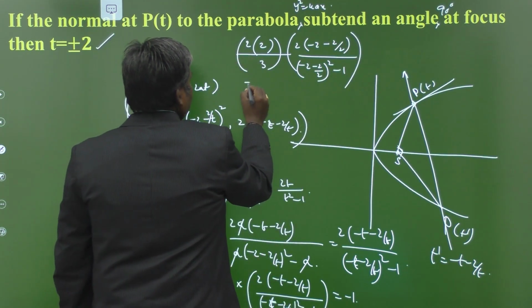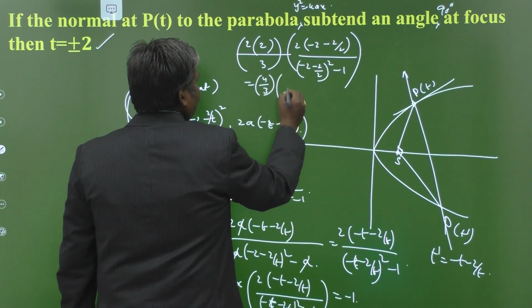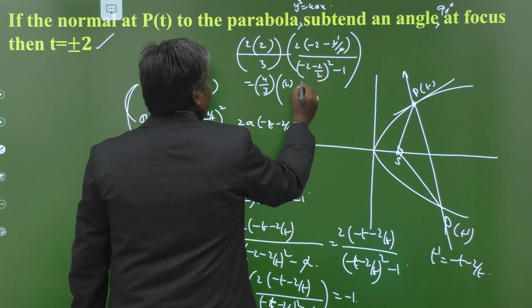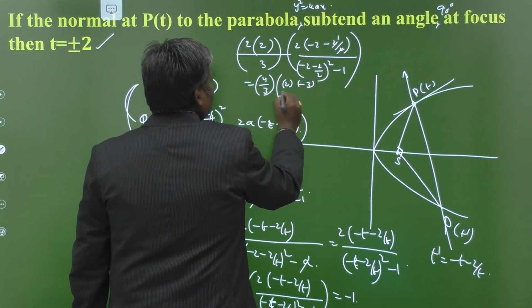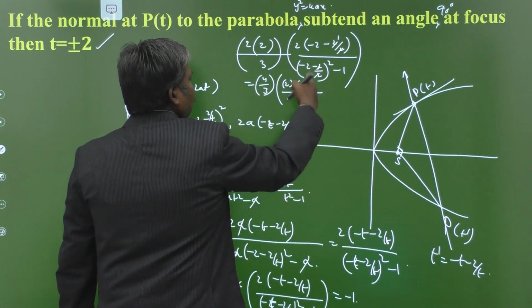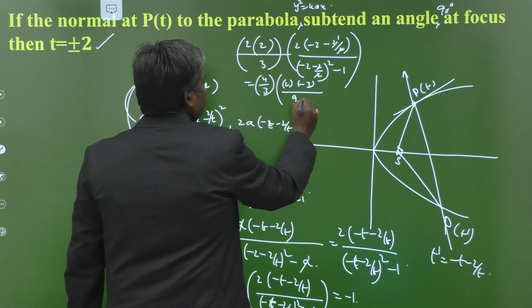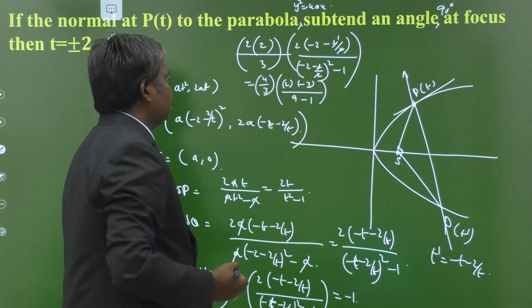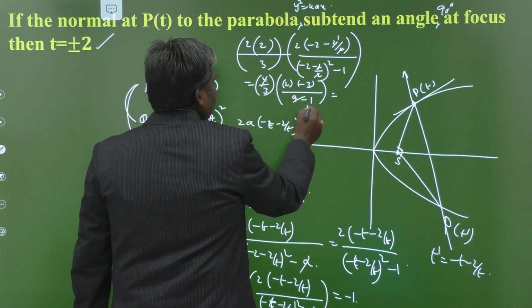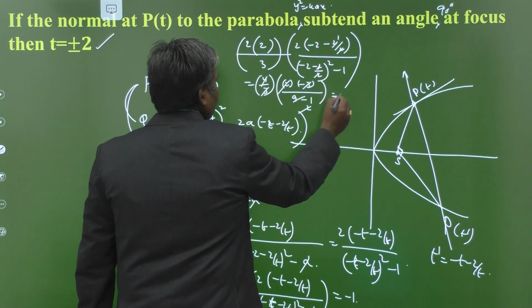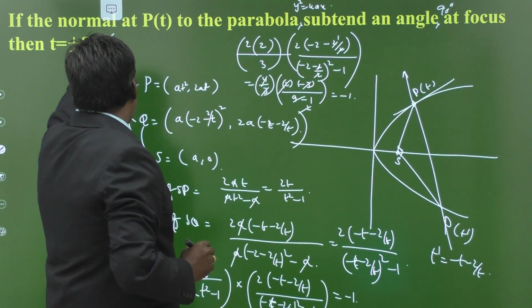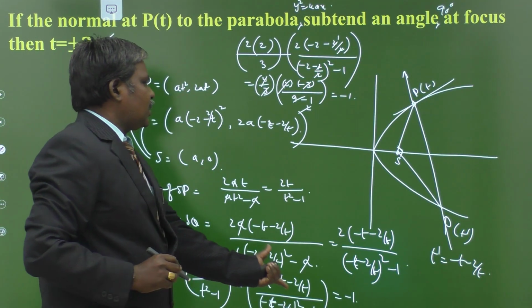So 2 2s are 4. 4 by 3 times of minus 3 by minus 3 square. This is minus 3 square, means 9 minus 1. So this is 8. 4 2s are 8. The 2s get cancelled, the 3s get cancelled. We obtain minus 1. So replacing t by plus or minus 2, we obtain the condition.